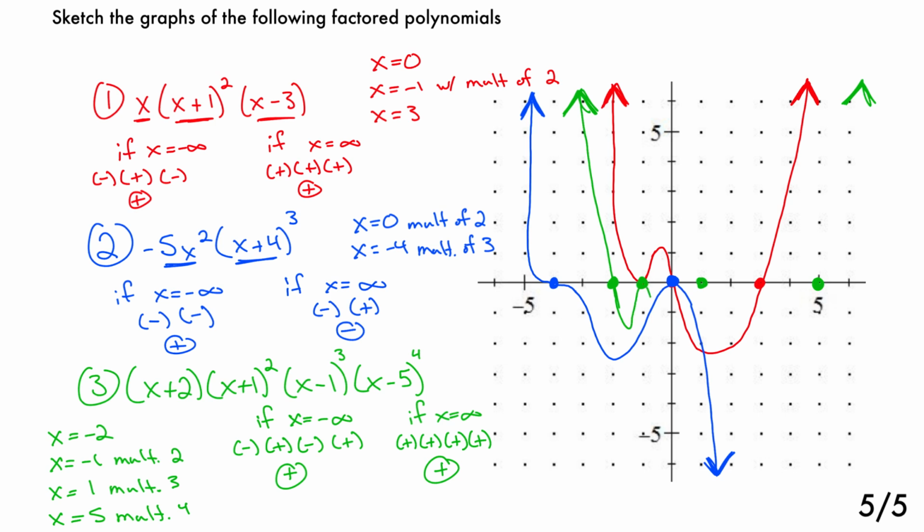Then the next root, which is x equals 1, has a multiplicity of 3, so it's going to act like it's going to bounce off, but go through anyways. And then the last root, which is at x equals 5, has a multiplicity of 4, which means it is going to bounce off and then connect with my end behavior. And even though the graph looks a little funky, that is exactly what the sketch looks like, give or take its local maximums and minimums.